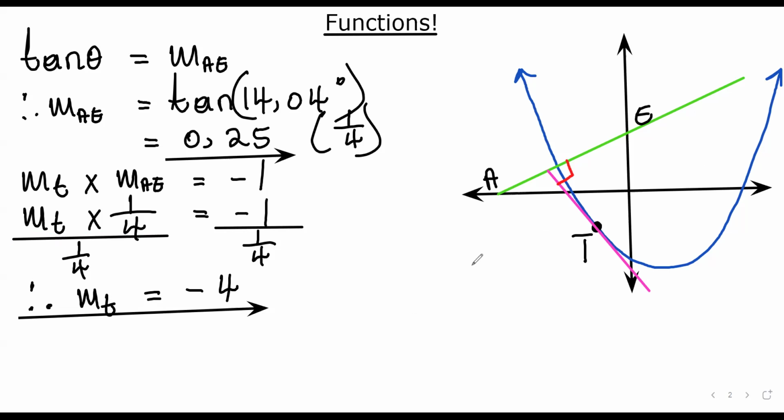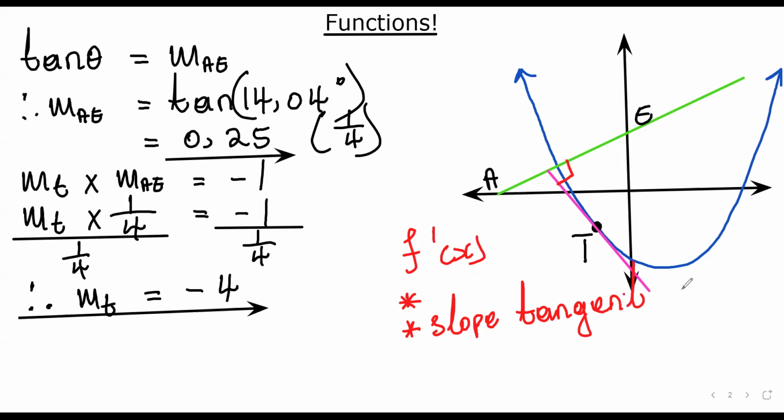What is the gradient of a tangent? I want you to remember that in calculus, you used to give these many names. One of the names you said is the derivative of a function. And the second name you said is the gradient or the slope of the tangent line to the curve at any point.